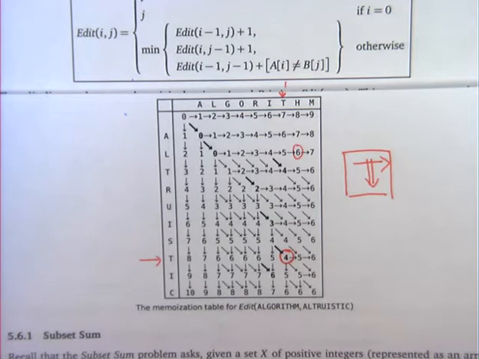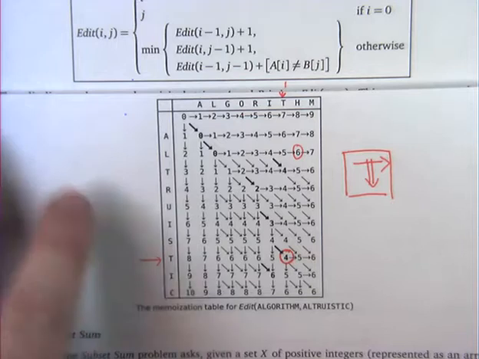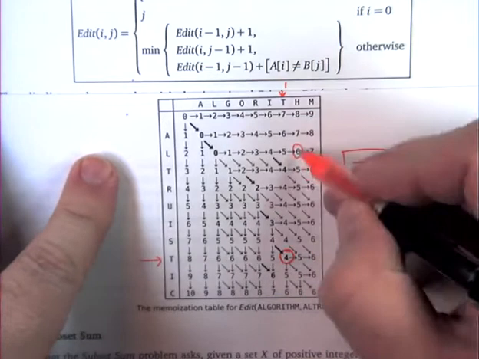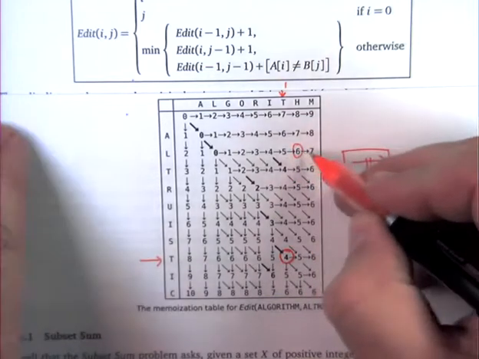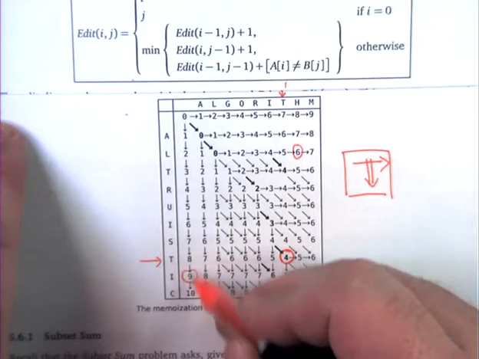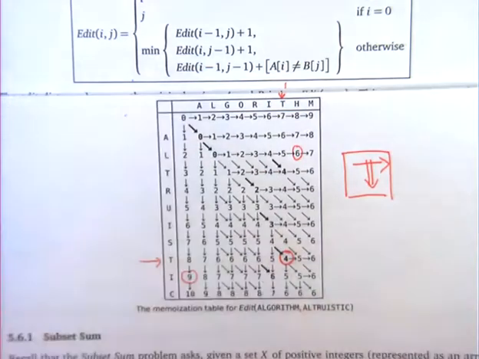So I have three choices: from above, from the left, or from above and left. And the arrow tells me which of those three I should do. And what that means is, to get here, I should do a deletion. To get here, I should do an insertion. And the diagonal arrow means I should do a replacement.